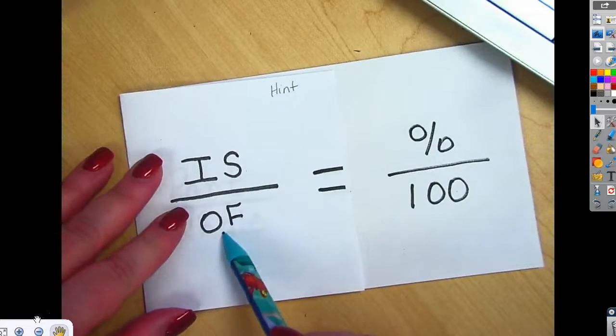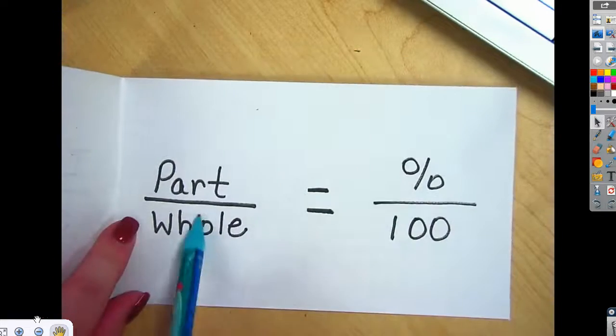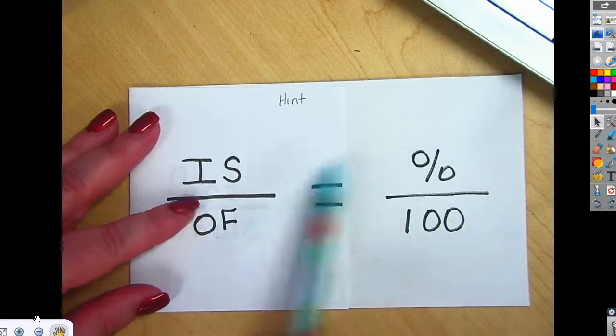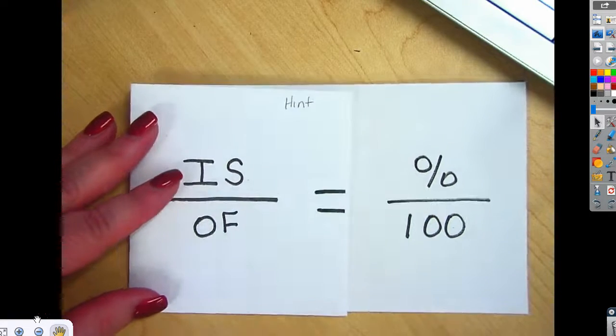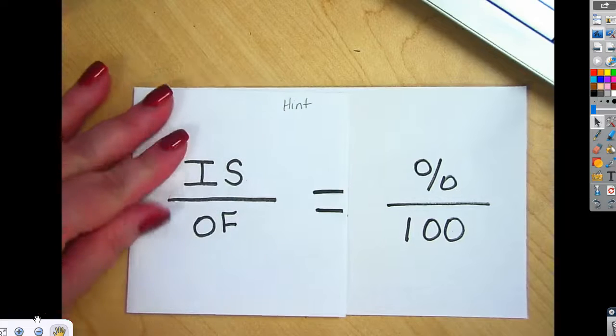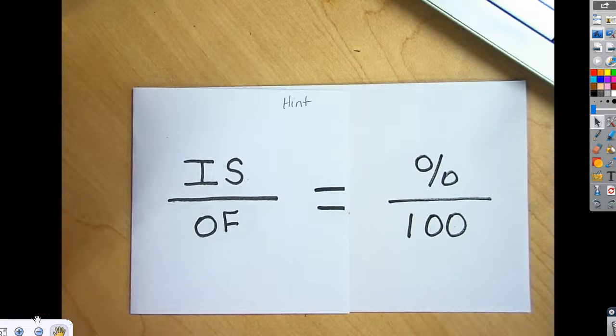The "of" of the problem is your whole. So you can also think about it as the "is" is your percent and the "of" is your 100. And we're going to practice with this so that you see what that means. Okay? So we're going to glue this in our notebooks in just a couple of minutes.